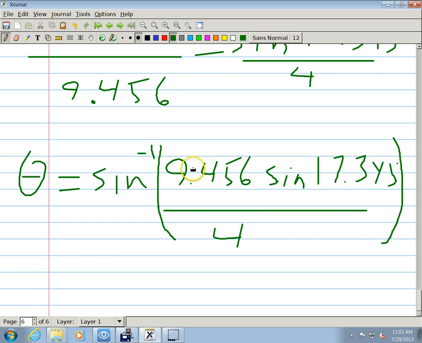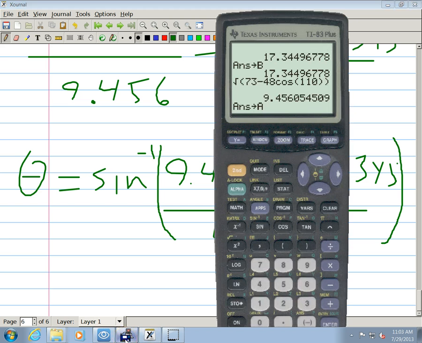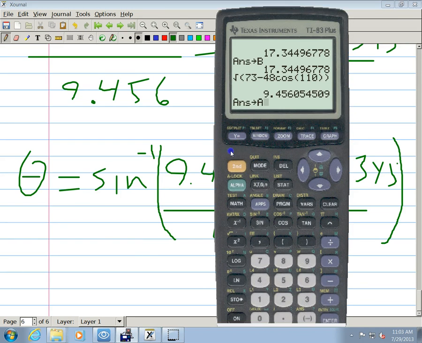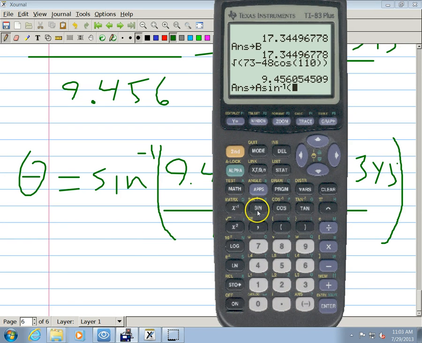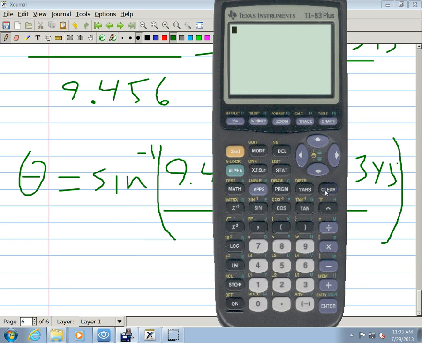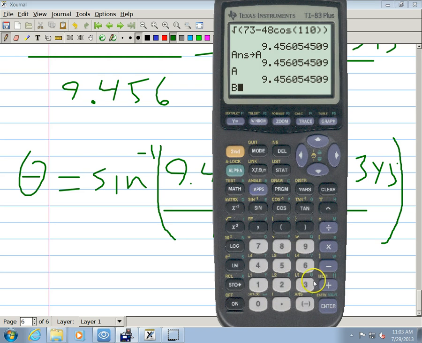All right, now remember that that's A and that's B. So when I go on the calculator, I'm going to say the arc sine. Whoops. What did I do? Store as alpha A, enter. All right, so alpha A is that, and alpha B is the angle.